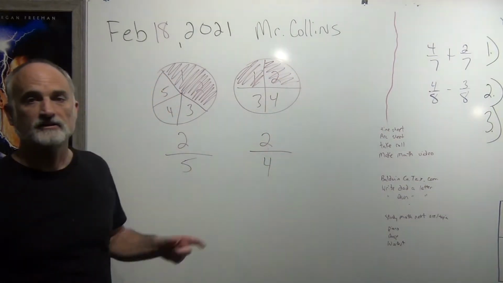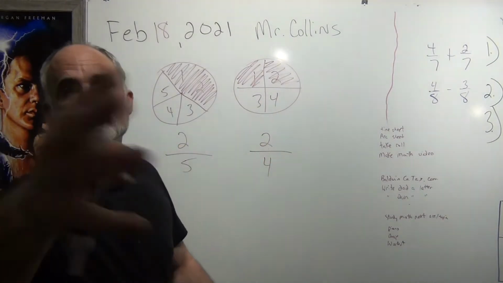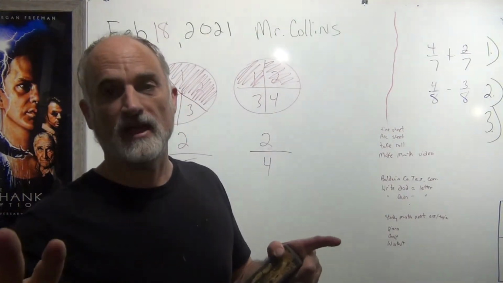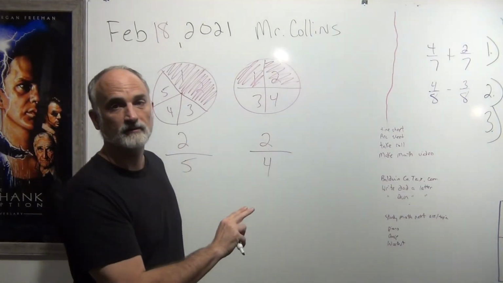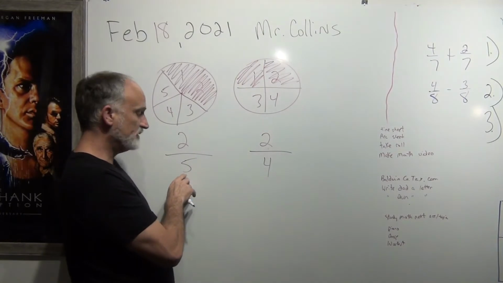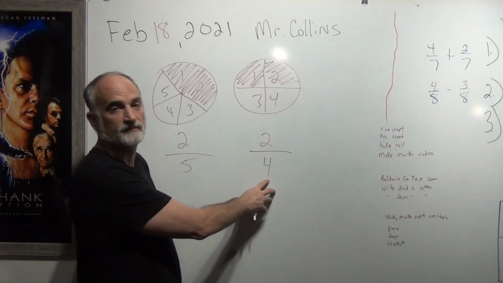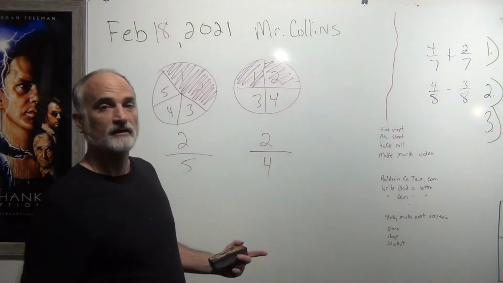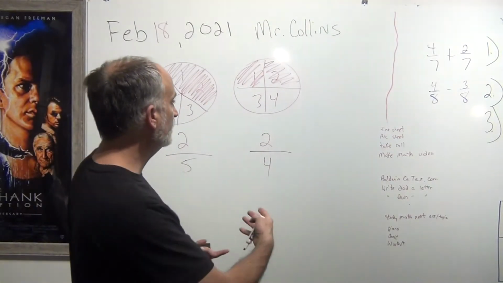Okay. Now check this out. 2/5, 2/4, which one's larger? Which one's smaller? How can we just eyeball that? Well, the numerators are the same. But the denominator says, well, there's more pieces here. There's 5 pieces. There's only 4 pieces here. So, since there's not as many pieces, the pieces must be bigger on the 4.